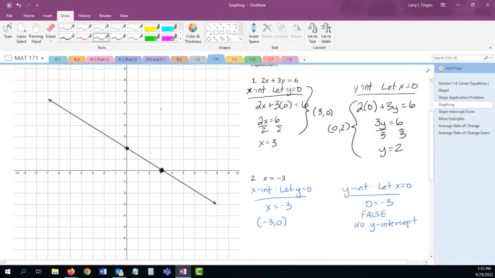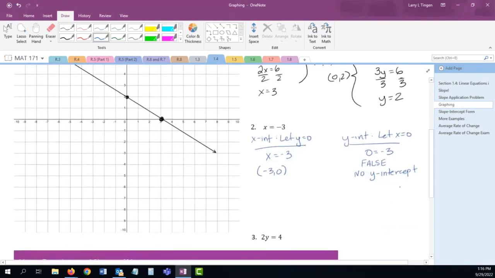If you don't hit the y-axis at all, you have to be parallel to it. If you're parallel to the y-axis, then that means you are a vertical line. Okay? So I'm looking at a vertical line. And we know that from the form of the line, x is equal to -3, y is missing. I have a vertical line.